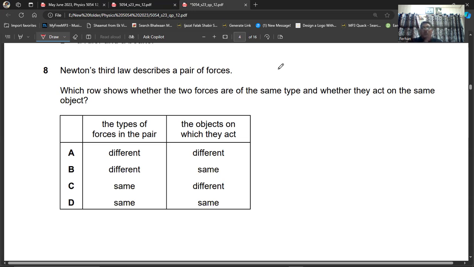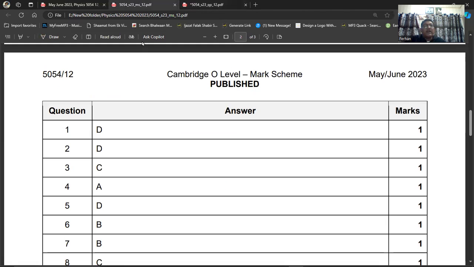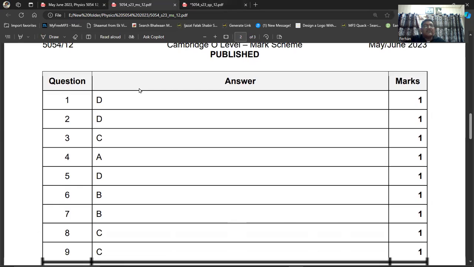For example, if I throw a ball and it hits the wall, the action will act on the wall and the reaction will be on the ball. So they act on different bodies and they are the same type. I think C is the best answer. Question number 8, C is the answer.